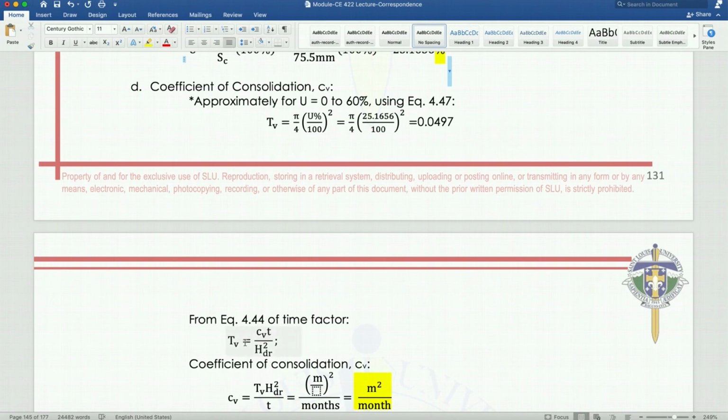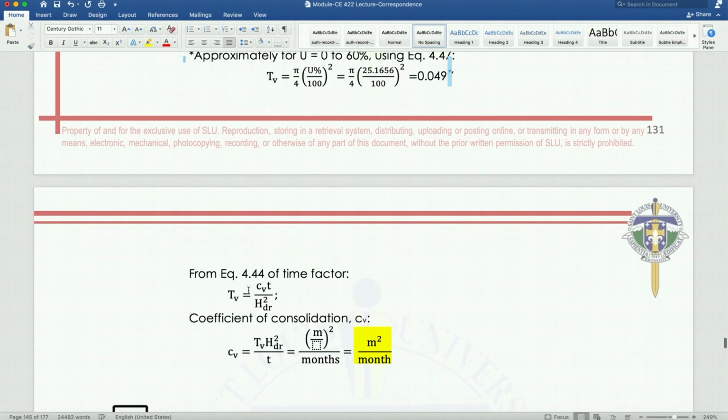So cross multiplying H_DR to the other side of the equation and t to the denominator, C_v therefore is equivalent to T_v times H_DR squared over time.